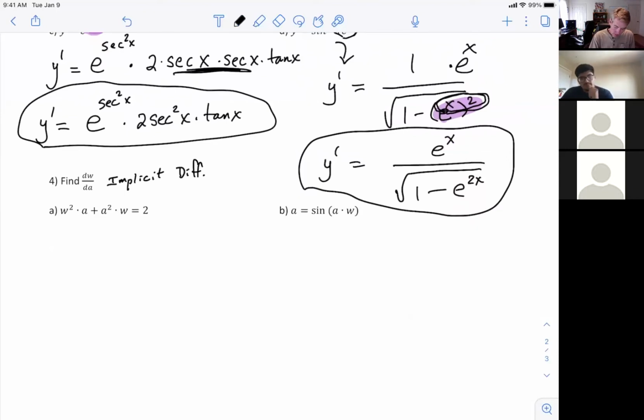So first of all, this part right here is a product, so I have to use the product rule. So take the derivative of w squared. So that would be 2w. And then the chain rule would say, now you need to take the derivative of w itself. So that would be the derivative of w with respect to a.